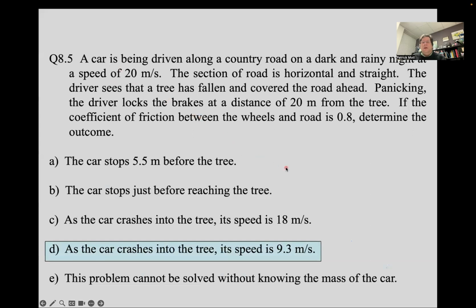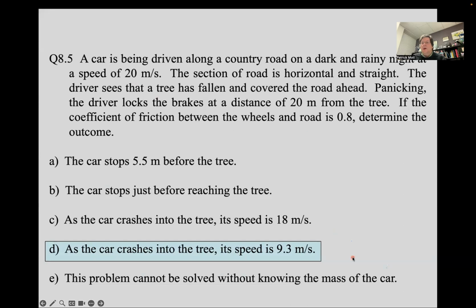The work done by friction is 0.8 times g times the distance that the car can slide. Well, g is 10, so this is like 8. So I'm comparing a half of 20 squared with 8 times 20. So obviously I'm going to hit the tree.